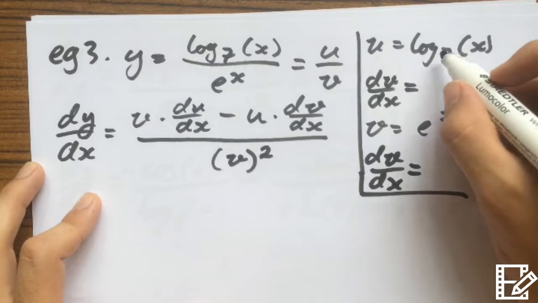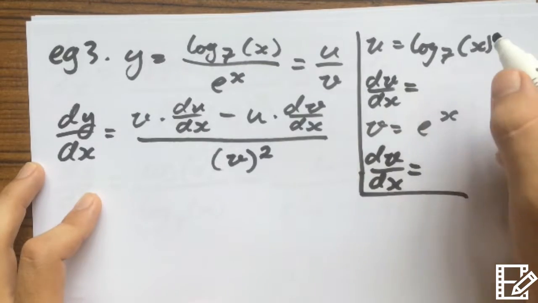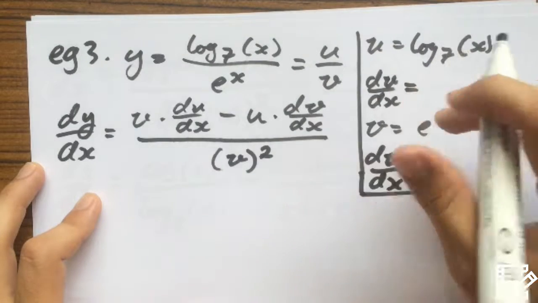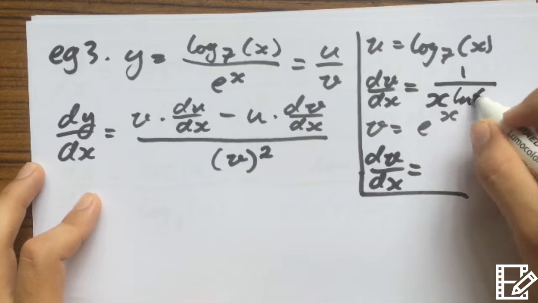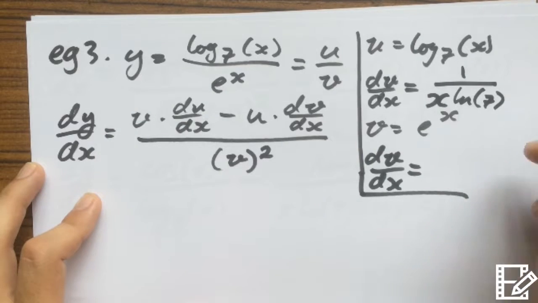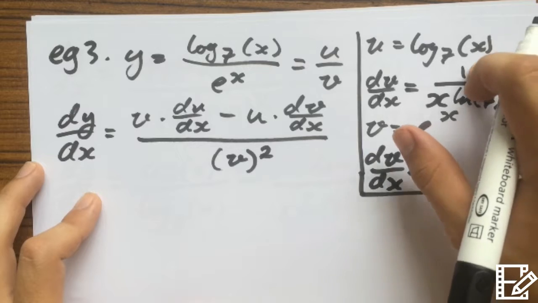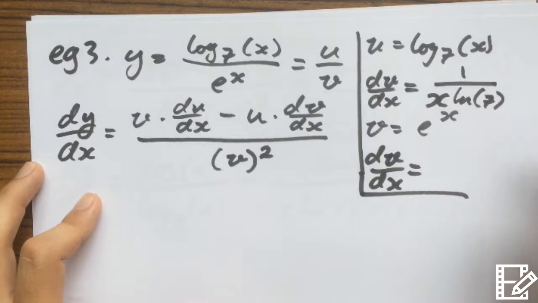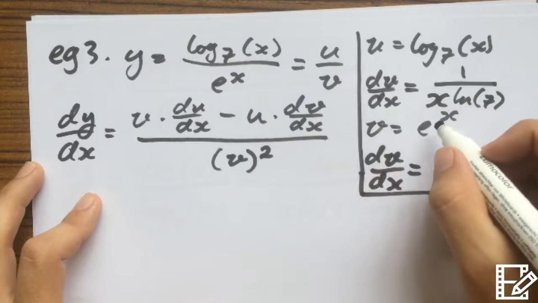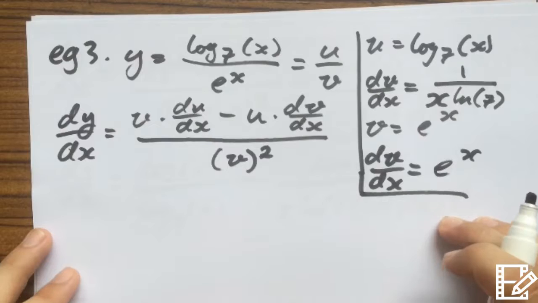U is log to the base of 7x, and therefore the derivative would be 1 over x ln 7, because when you have log to the base of 7x, you end up with 1 over x multiplied by the natural log of that base, which is 7. V is e to the x, the derivative is e to the x, no problem there.